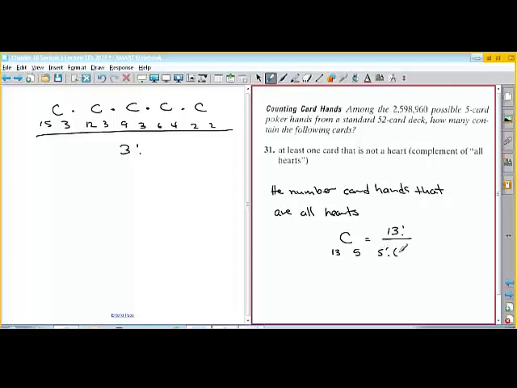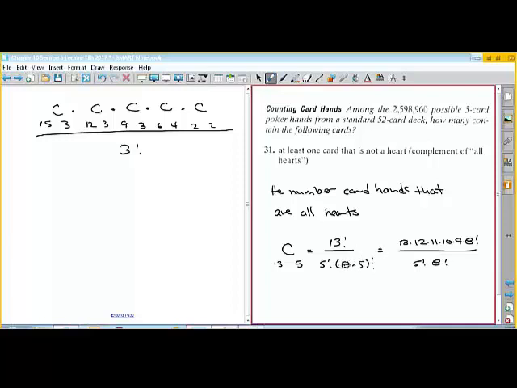So we have 13 factorial divided by 5 factorial times 13 minus 5 quantity factorial. So it's 13 times 12 times 11 times 10 times 9 times 8 factorial divided by 5 factorial and 8 factorial.